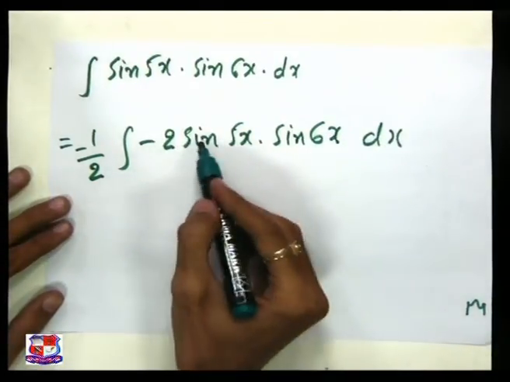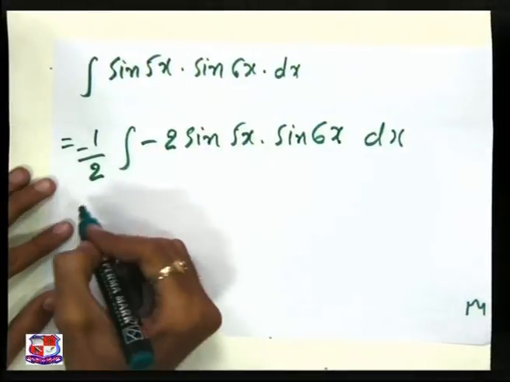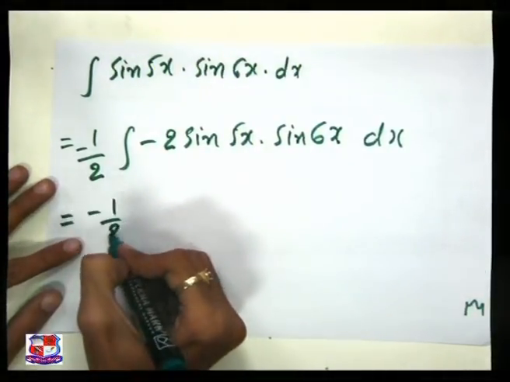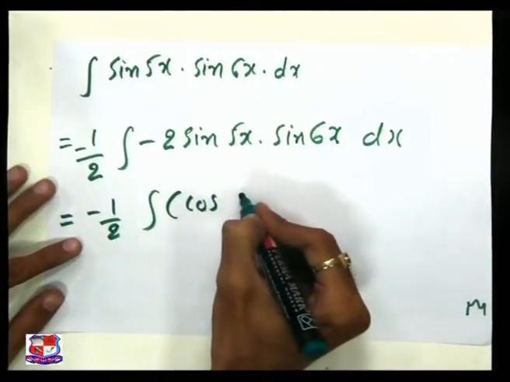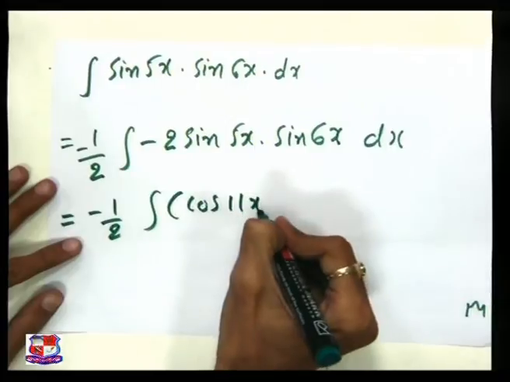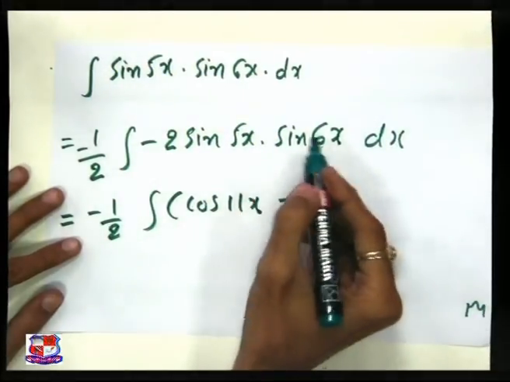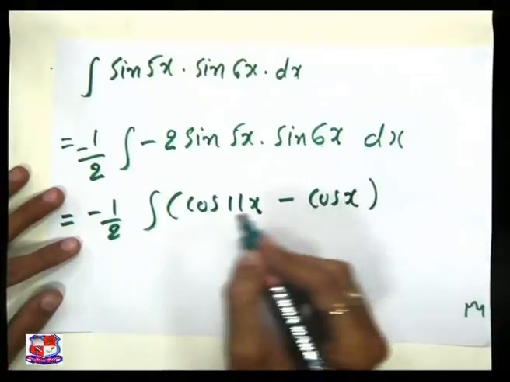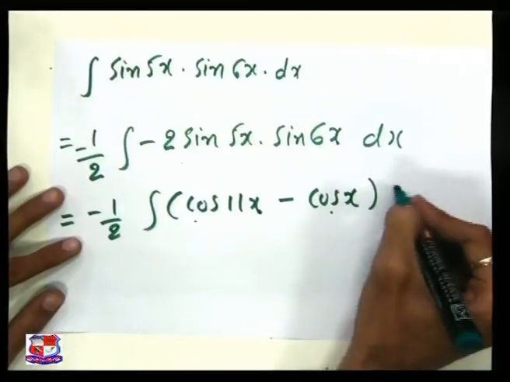That is minus 2 sin A sin B, which is equal to cos(A plus B) minus cos(A minus B). So minus 1 by 2 times cos 11x minus cos(6x minus 5x), that is cos x, into dx.